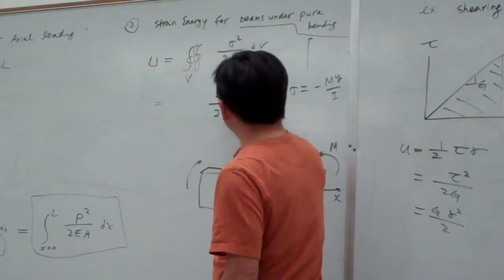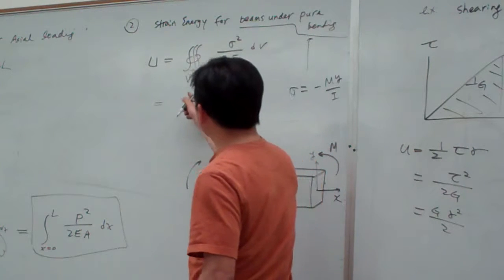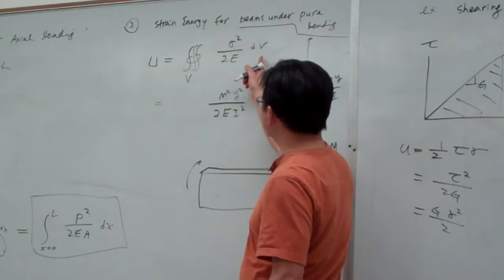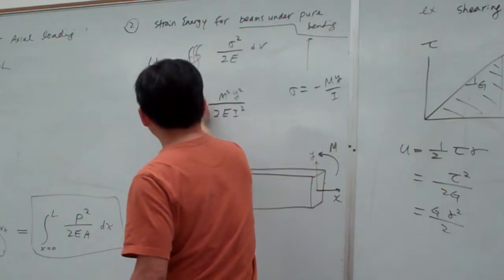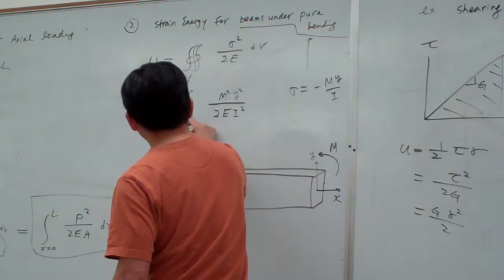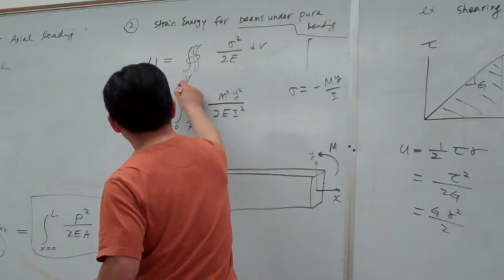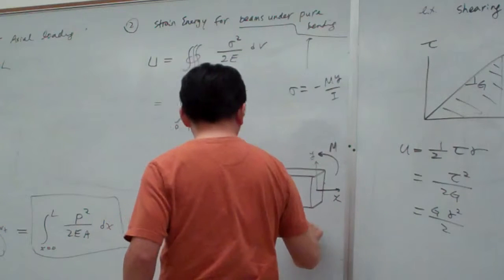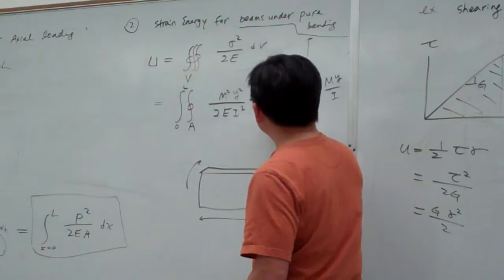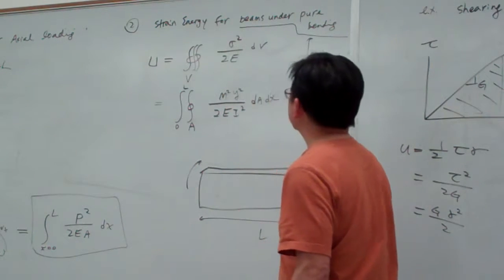Now I want to tailor the integration here. The volume integral is equivalent to the area integral times the length integral from 0 to L. So here is L, and here is dA dx.